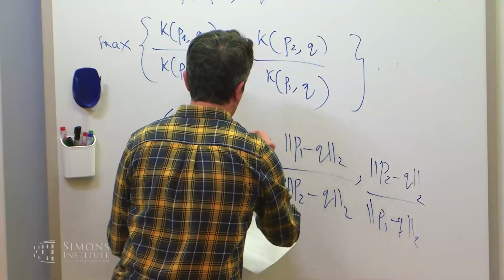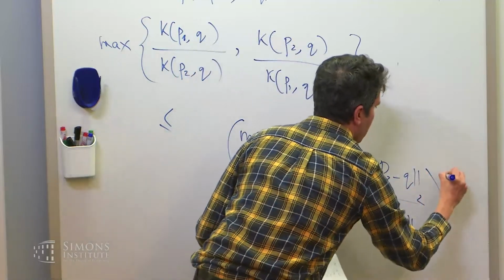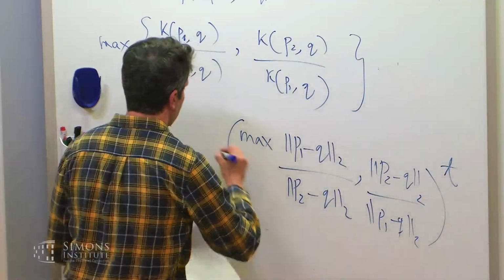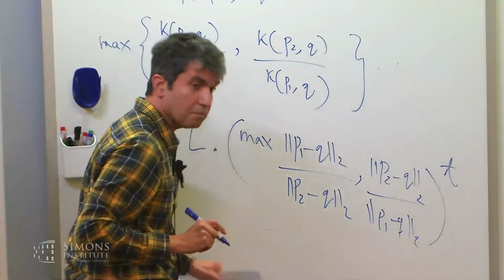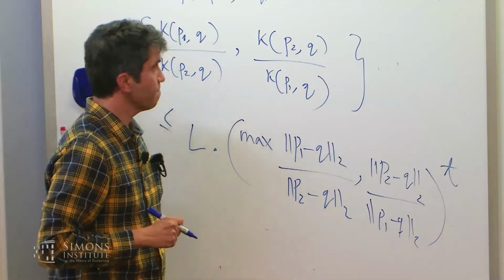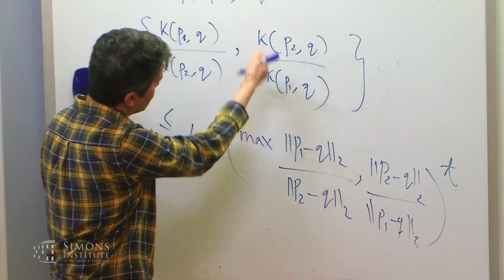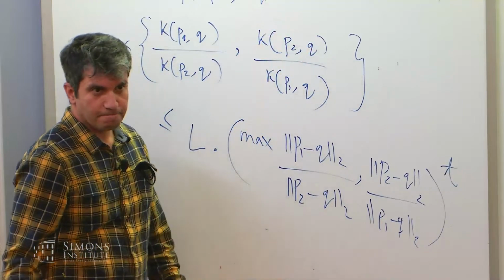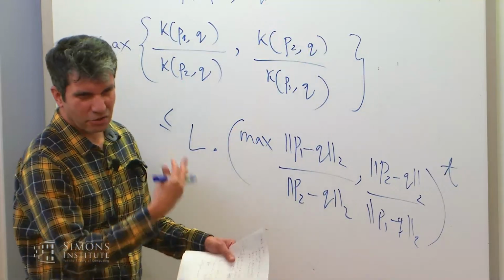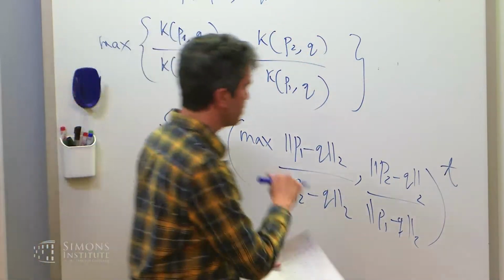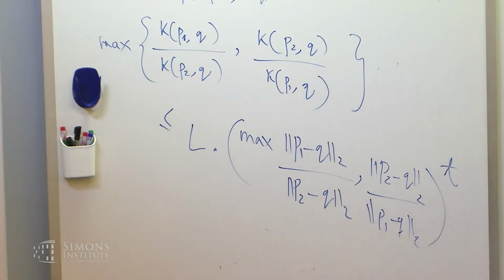So this quantity raised to the power of 2 times some proportionality constant. So if a kernel is (L, t)-smooth, then it has this kind of dependence. This is what I mean by drops off polynomially. That's the formal definition.